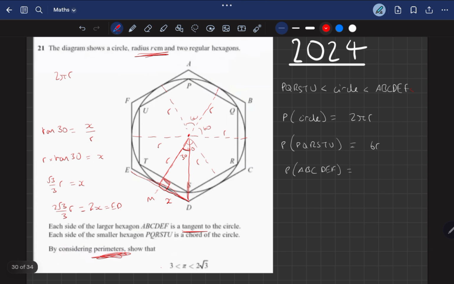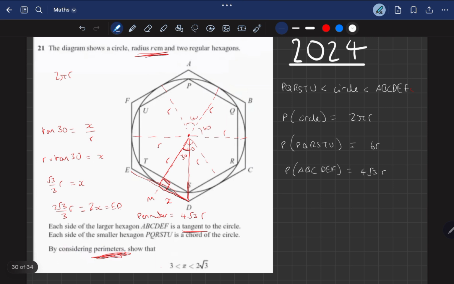And to find the perimeter, you have to multiply this value by 6. So perimeter is going to equal this value times 6. The 3 will cancel out and we just have to multiply 2 to the top. So 4 root 3 r. So P of ABCDEF is 4 root 3 r.